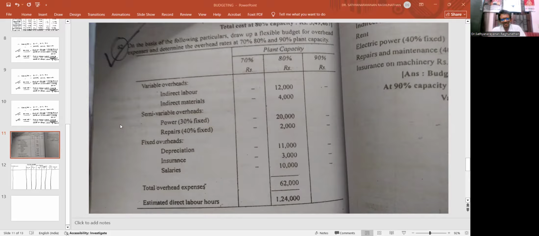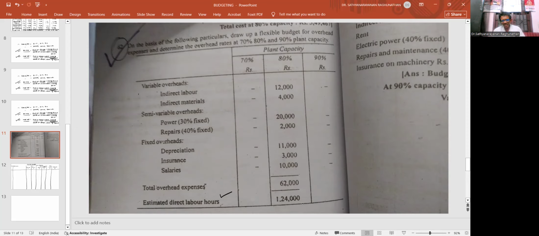Here, you see, the estimated direct labor hours for 80% capacity is 1,24,000. Before carrying forward with the full-fledged solution, first we have to fix the estimated labor hours for all the plant capacity levels.